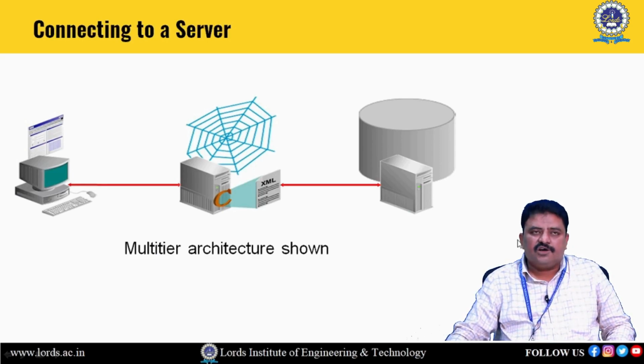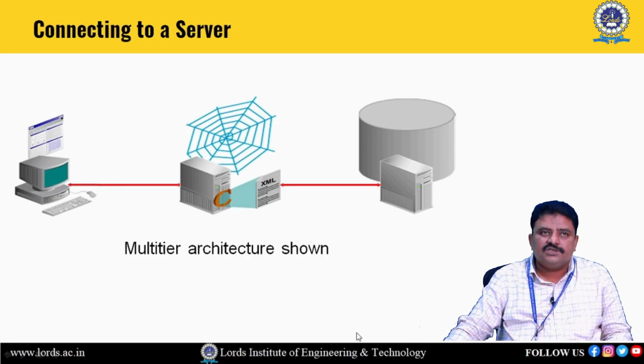Now, the basic idea of any database server is that we have a client system and a middle tier where many different types of architectures are present, and they help to access the database server where the data is stored. This data can be retrieved and shown on the screen of the user who is making a request. Generally we call this request a query.